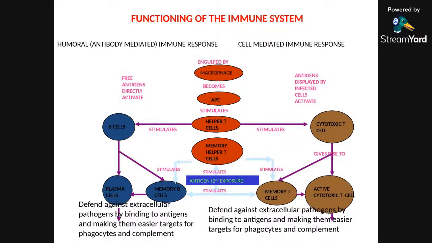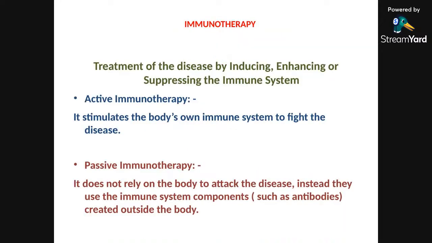Both are recognized by the T cells and B cells, on the surface of the antibody produced. This complement is how we utilize it in technology. The treatment of diseases is by inducing, engaging or suppressing the immune system. I have already given the topic, active immunotherapy.